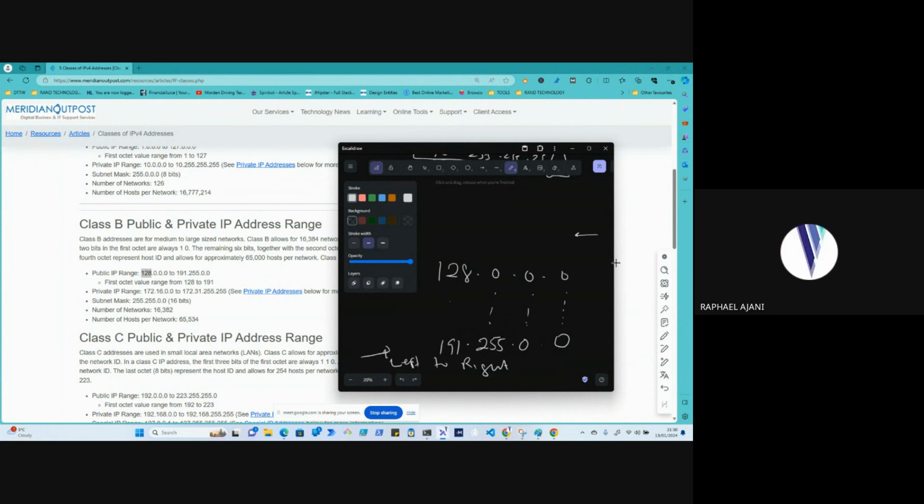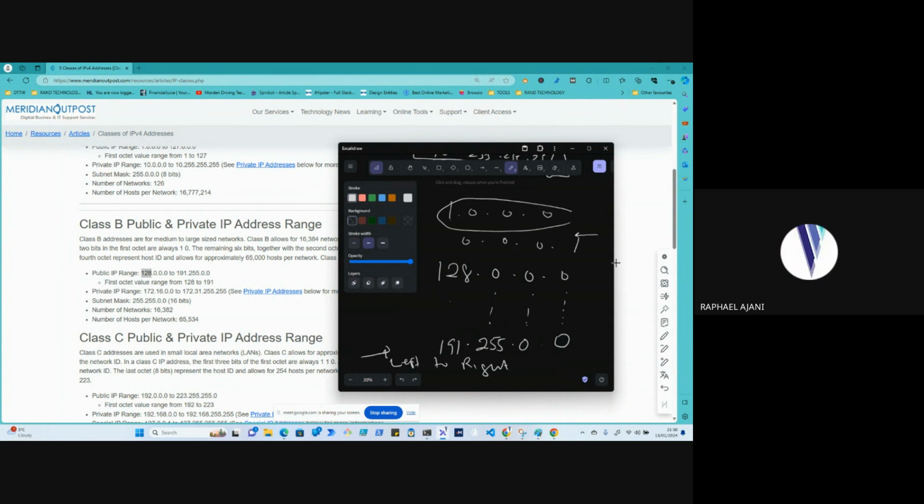In this case, for this addressing, it's incrementing from left to right. Because remember, the start is 1.0.0.0. This is the beginning. It doesn't start at 0.0.0.1. Are you following now?